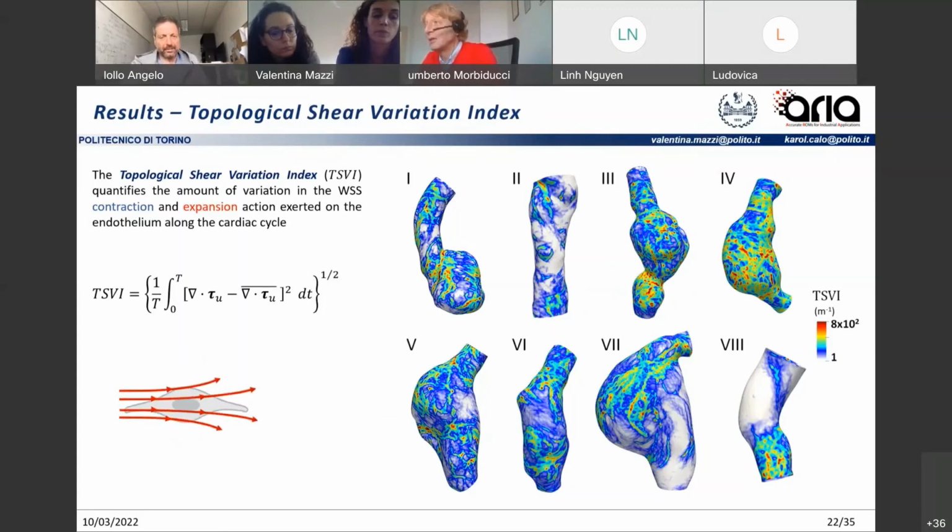This has to be tested, and the parameterization, in my opinion, could be a very strong, robust approach to clarify if the hemodynamic way is helpful to predict the evolution of the pathology.